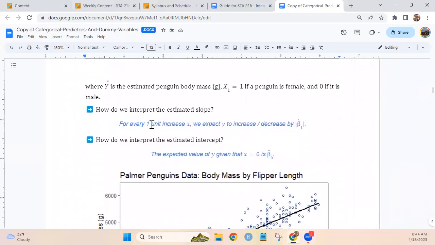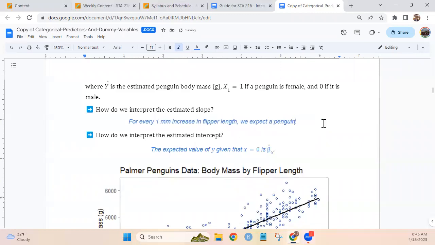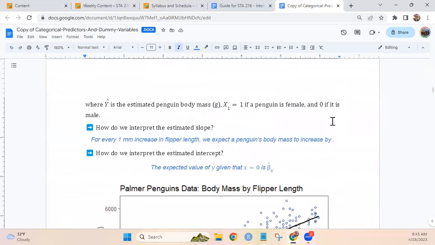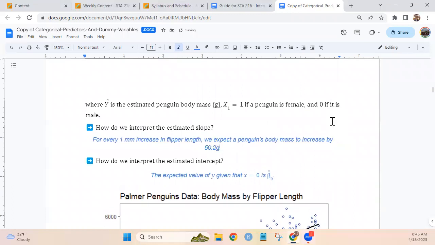We'd say for every 1 millimeter increase in flipper length, we expect a penguin's body mass to increase. This phrasing "we expect" is important to convey that it's on average, essentially, to increase by 50.2 grams, on average. That's how we can interpret the slope.